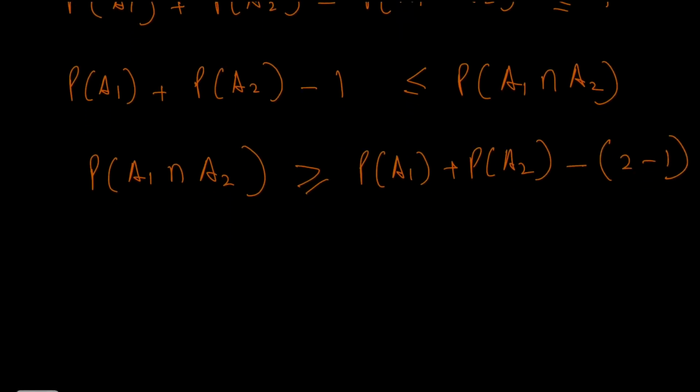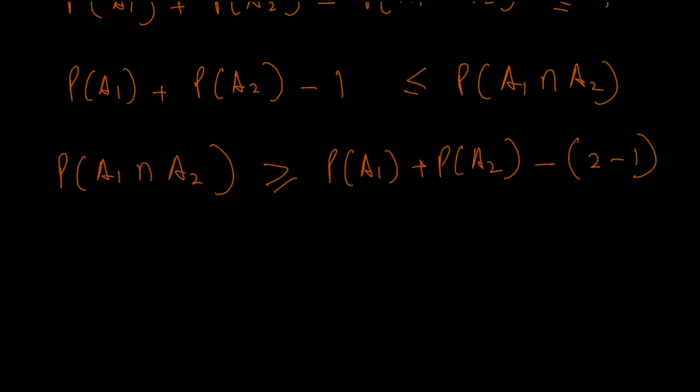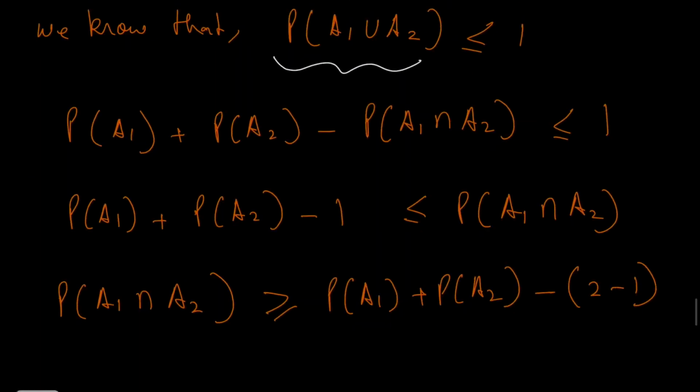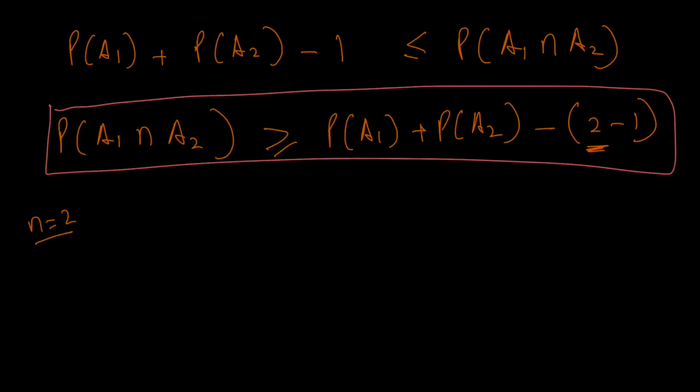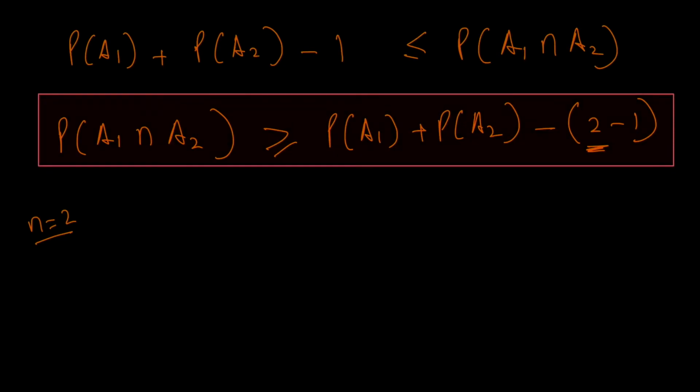Now are you getting familiar with where this is going? So this is for n equal to 2, and n is the number of events. This is Bonferroni's inequality for n equal to 2, and hence it is proved that Bonferroni's inequality holds for n equal to 2.